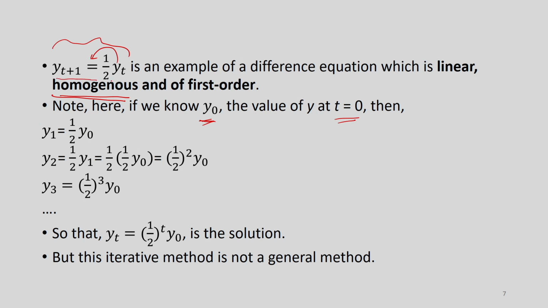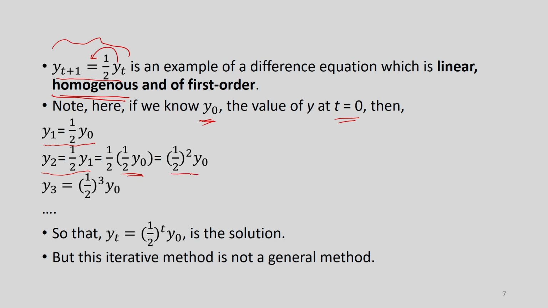From this equation I can immediately see that y t plus 1, that is y 1, will be half of y t, that is in this case y 0. So, I know y 1. Similarly, y 2 will be half of y 1, but I already know y 1. So, I substitute that here, and that gives me y 2 as a function of y 0.